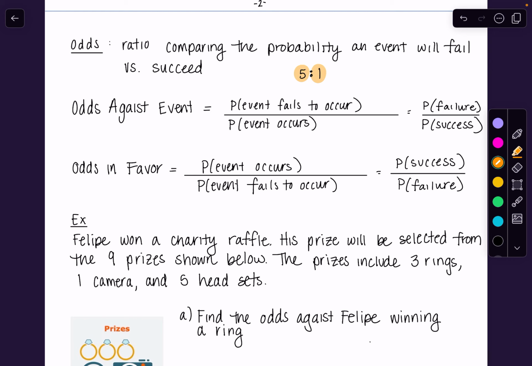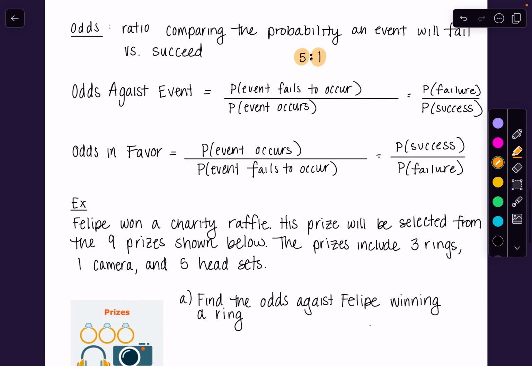But that's because when I'm looking at the probability of an event failing to occur and the probability of it occurring, the denominator is going to be the same for both. So it'll actually end up canceling each other out. So really we're just going to take the numerators, or the number of ways the event fails and the number of ways the event occurs. We're not going to care so much about what we divide it by.